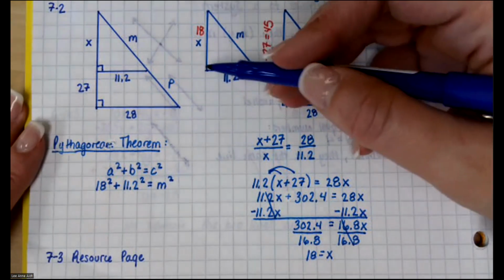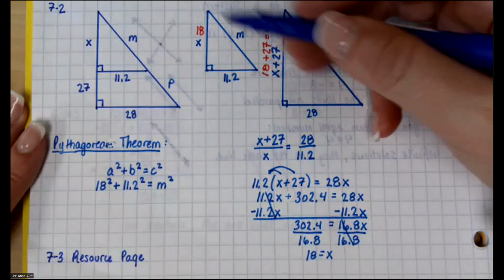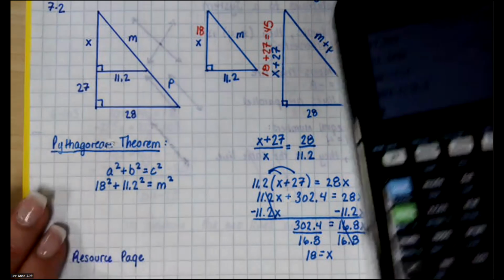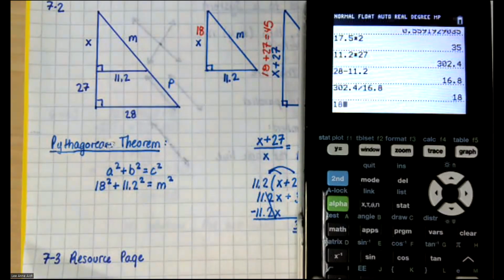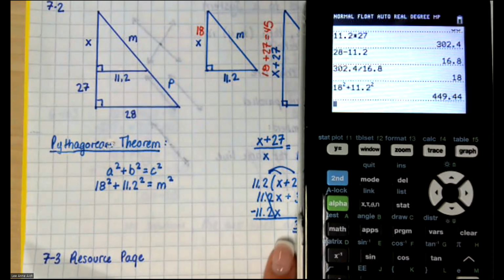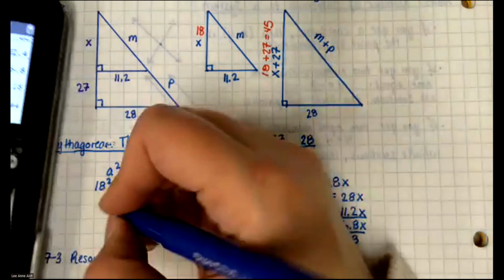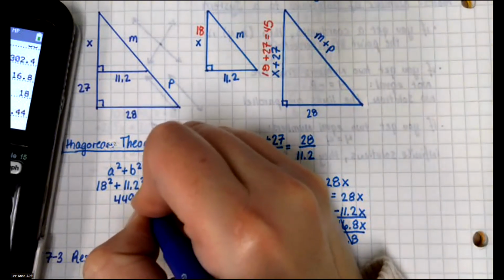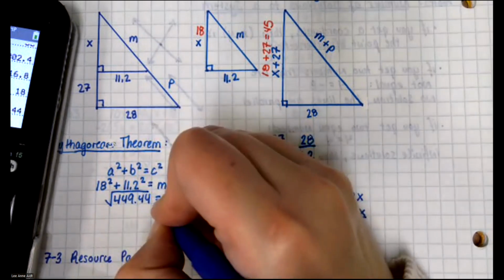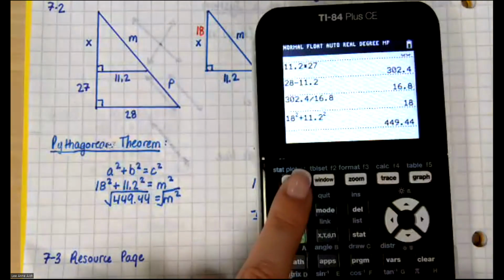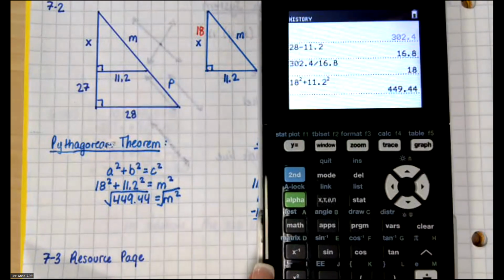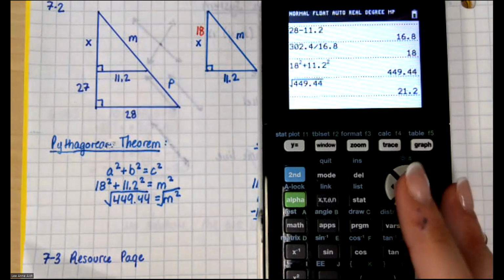It doesn't matter which ones are A and B, it just matters that the hypotenuse is C. Twenty-one point two.